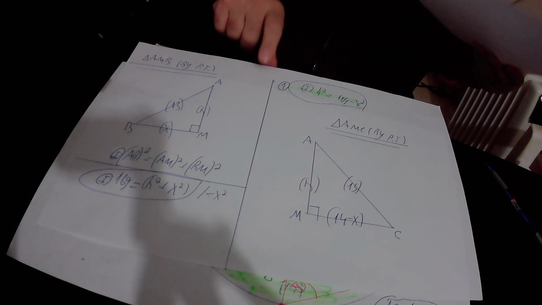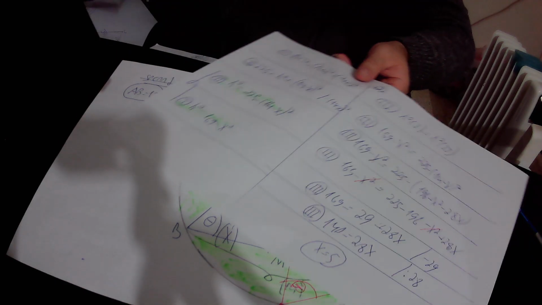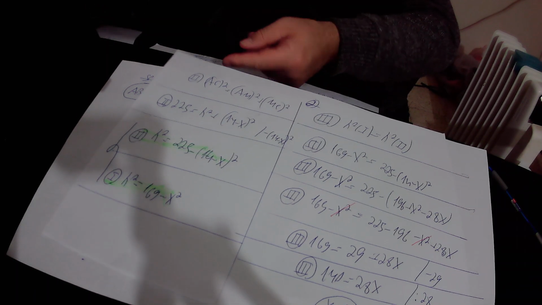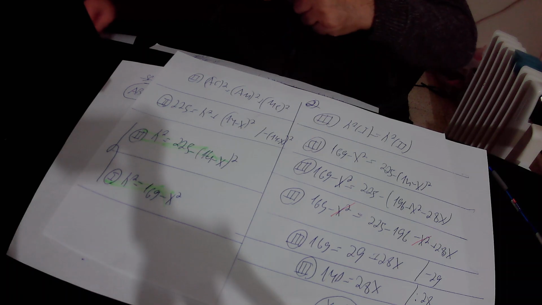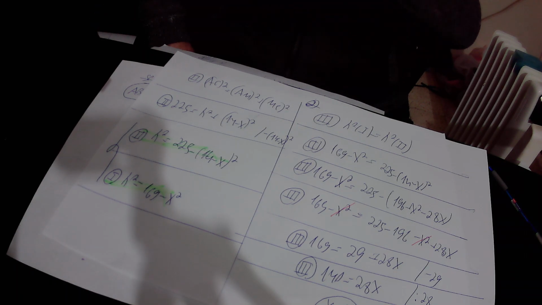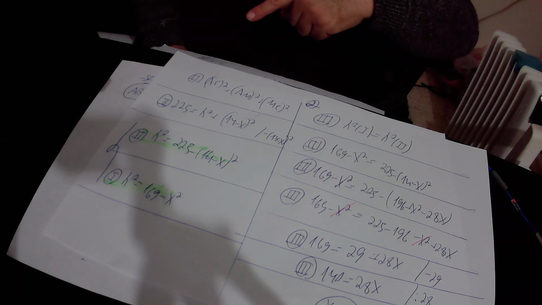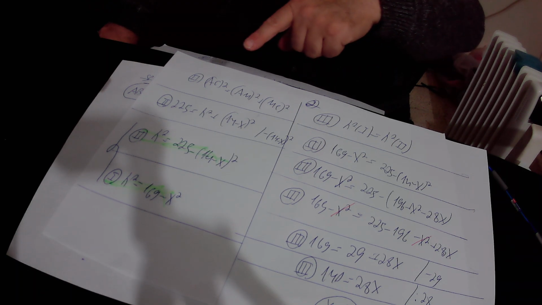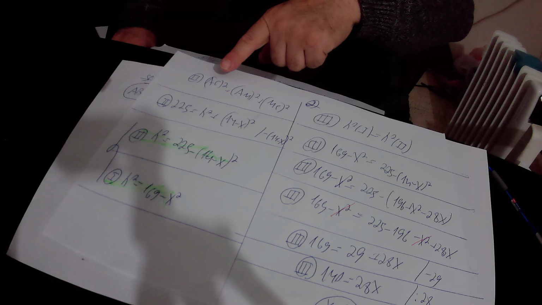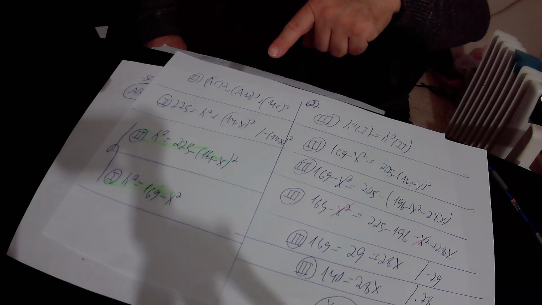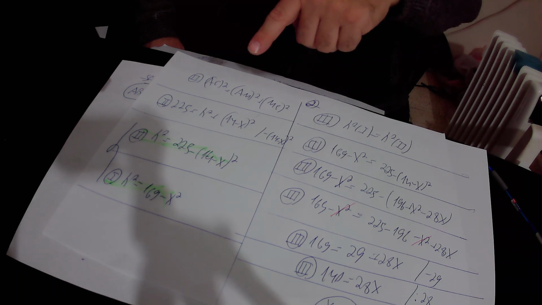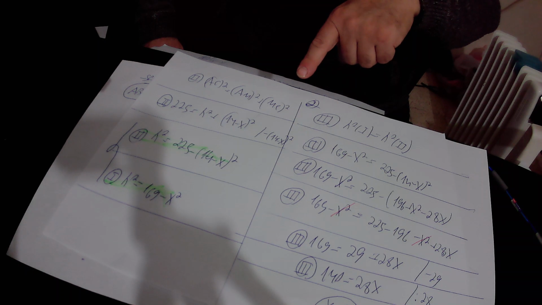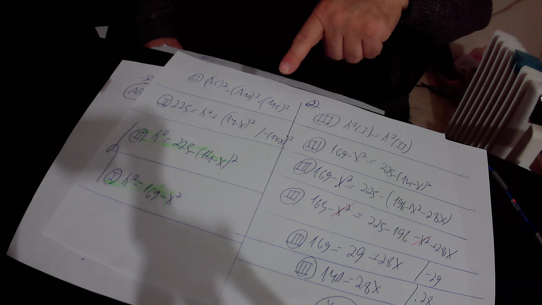AC is 15, therefore AC squared is 15 squared, that is 225, plus AM squared. AM is H, therefore AM squared is H squared, plus MC squared. MC is 14 minus X, therefore MC squared is (14 minus X) squared.